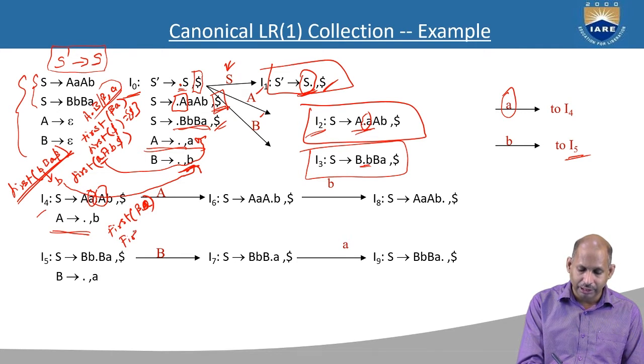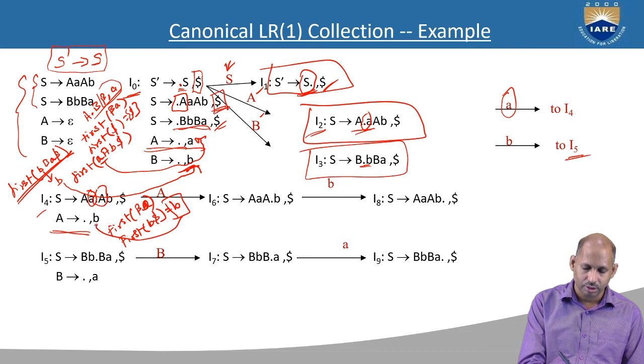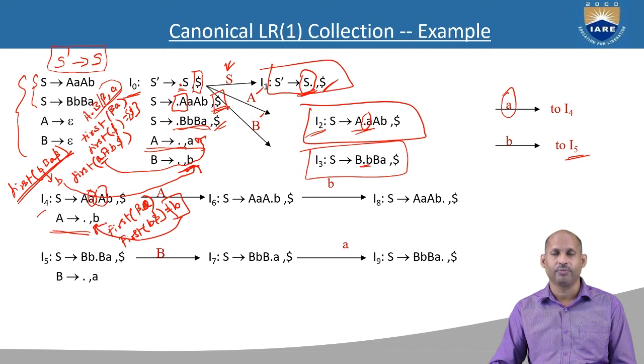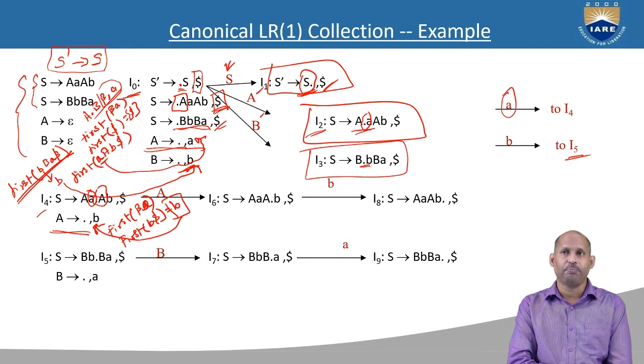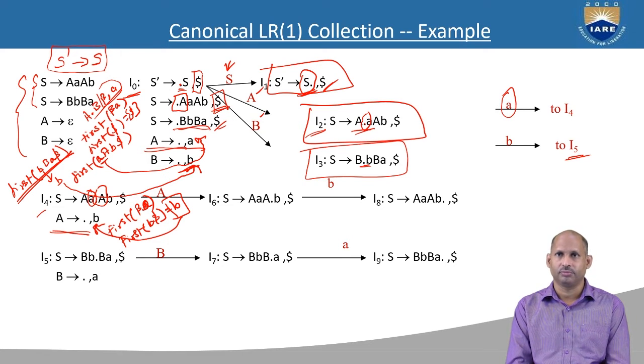Here, what is the beta? The beta is B. What is A? Dollar sign. So which is giving small b? Small b is the terminal symbol.